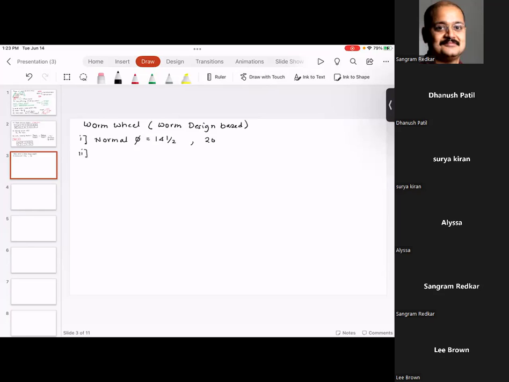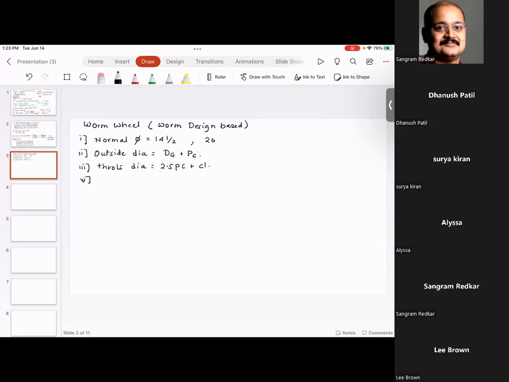You can have an outside dia, which will be dg plus dc. Then you can have a throat dia, which is 2.5 pc plus maybe some clearance.